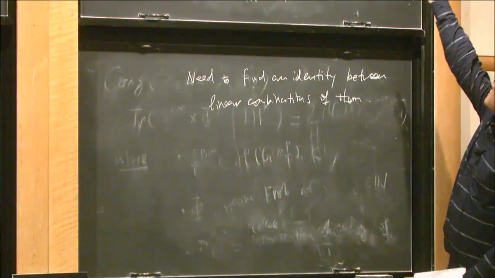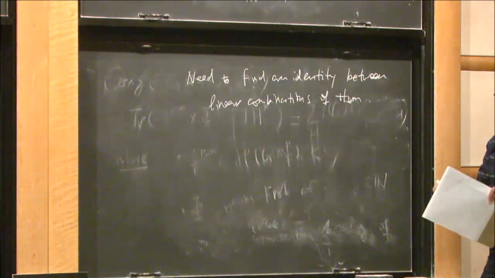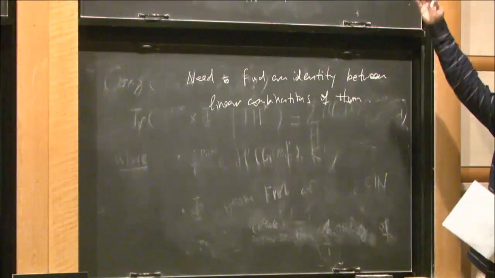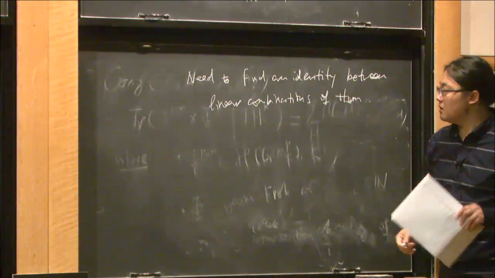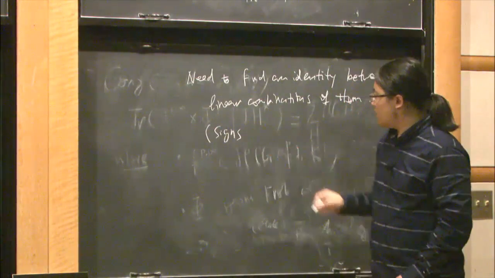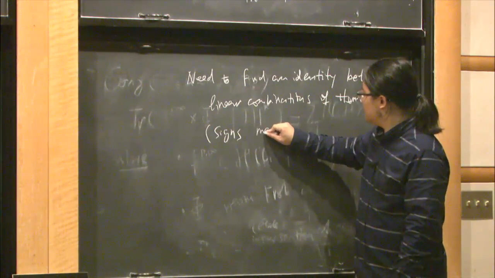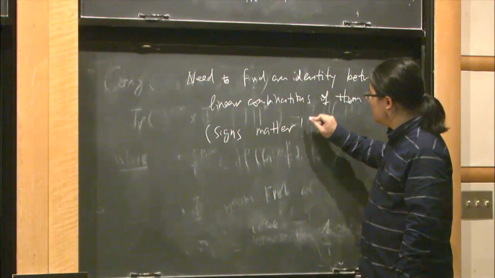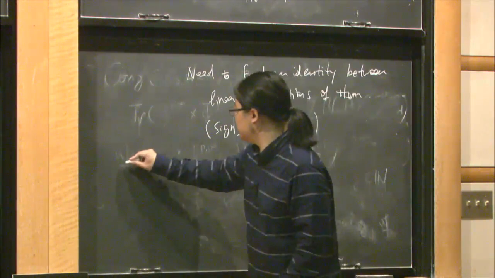Right, so I have a bunch of things on the left-hand side and a bunch of things on the right-hand side, and I need to prove that a certain linear combination of the left-hand side and a certain linear combination of these are equal. And so the signs of the coefficients in these linear combinations are really important. Okay, so these are the contributions from infinity.